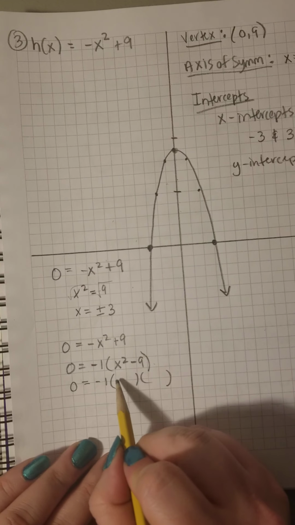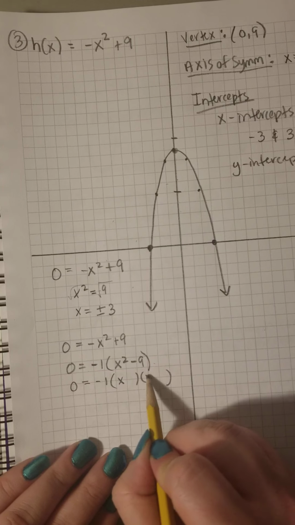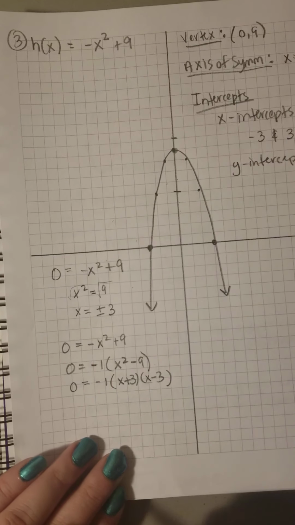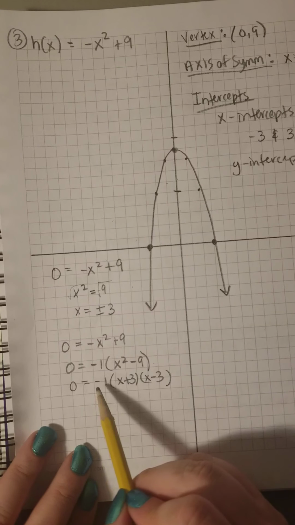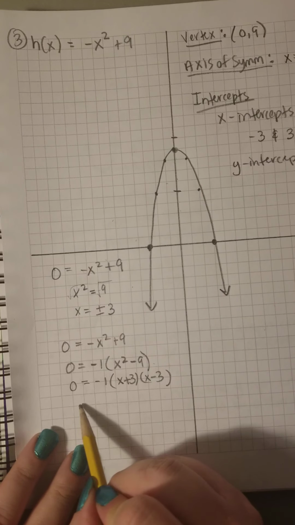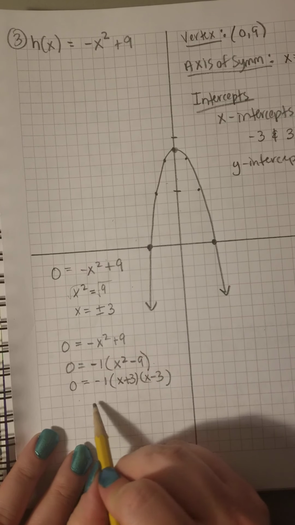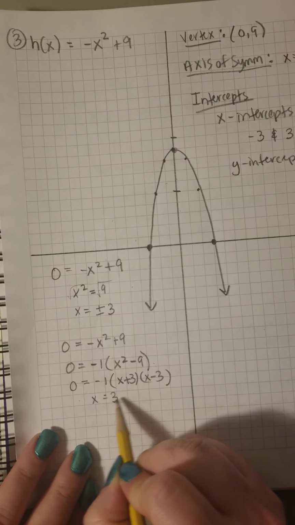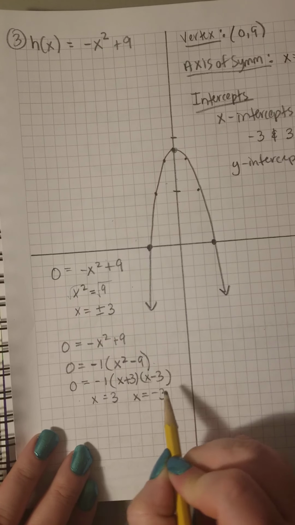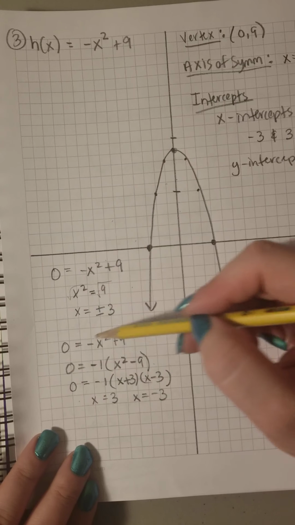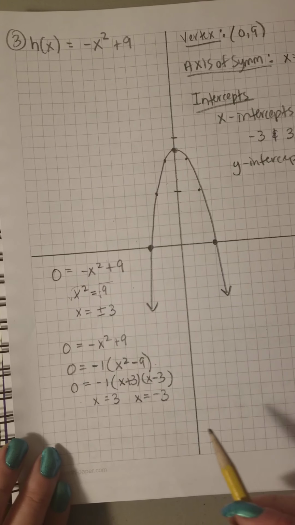We can break this down into x and x, and 3 and 3. This is the perfect squares example where you have plus or minus. If I divide both sides by -1, that goes away. So I just have x plus 3 equals 0 and x minus 3 equals 0. So again, I get x equals 3 and x equals -3. Either way that you do that, either using the square root or the perfect squares, either one's going to work.